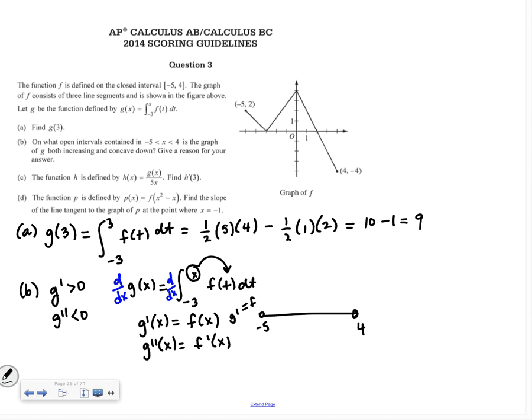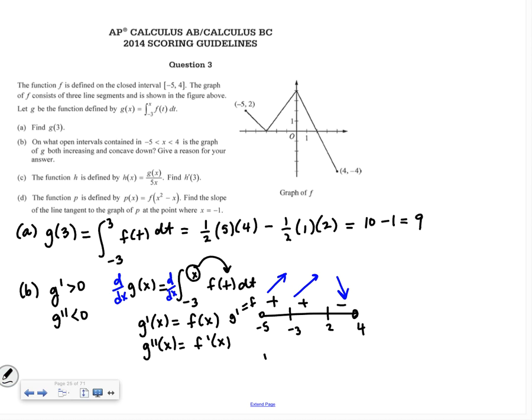So in other words, it's above the axis or below the axis. And it's only hitting 0 at -3 and 2. So we're above, below. So what that means is for the graph of g, it increases, and then decreases. Okay?